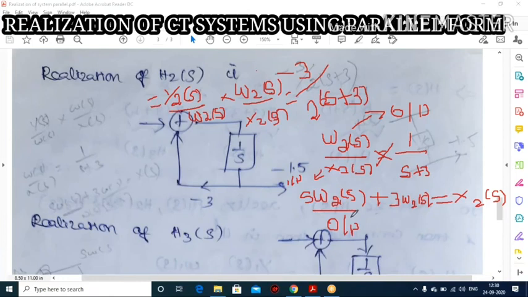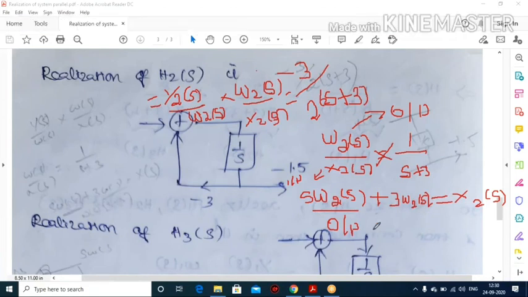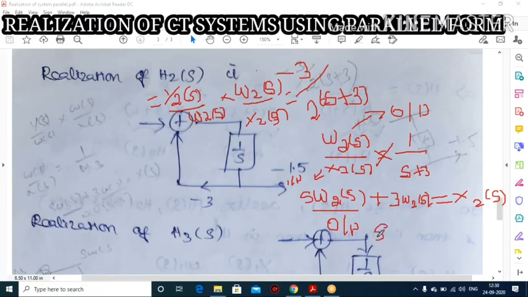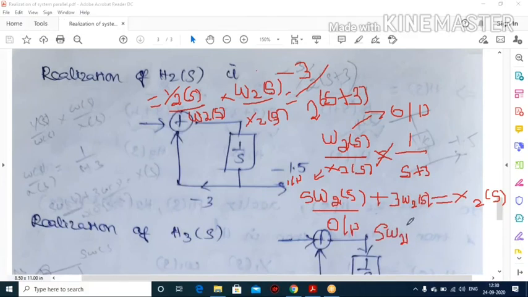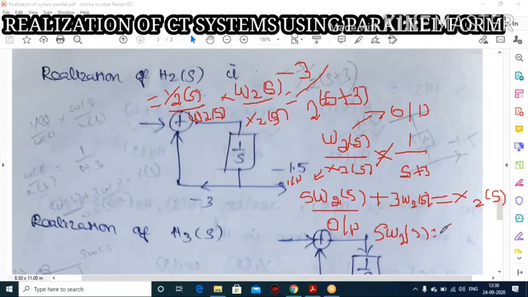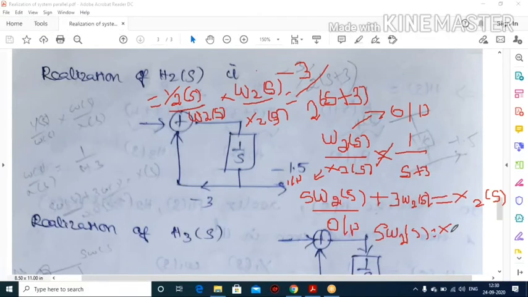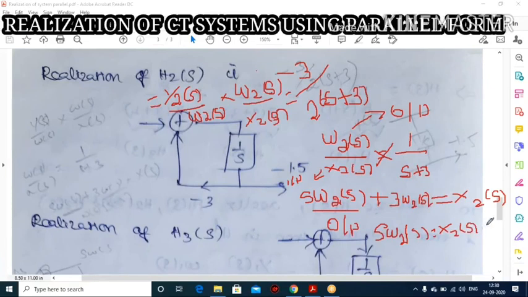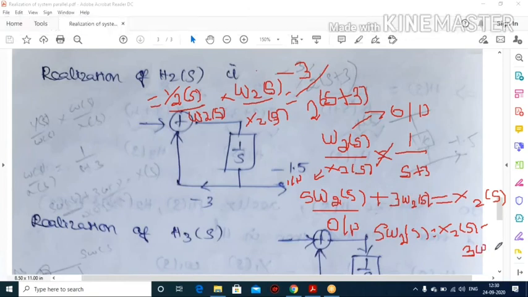The remaining terms are shifted to the right hand side. So what do you get? S into W2 of S is equal to X2 of S minus 3 into W2 of S.